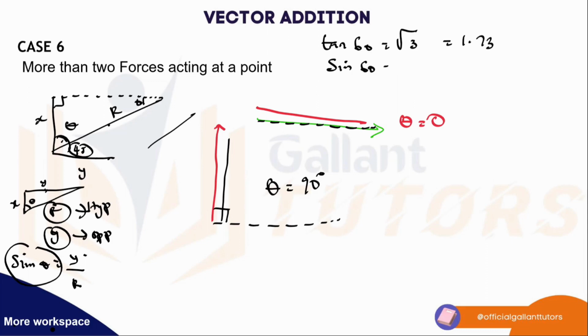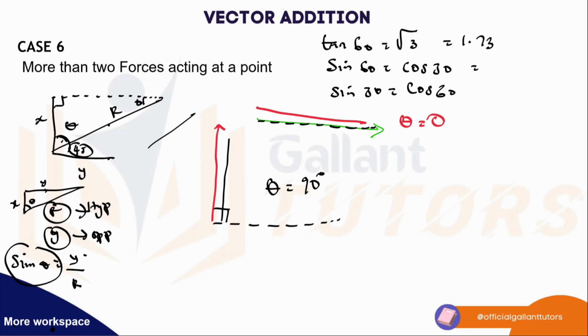So sine 60 is the same thing as cos 30. Now for the smart student, sine 30 will be the same thing as what? Cos 60. Correct.